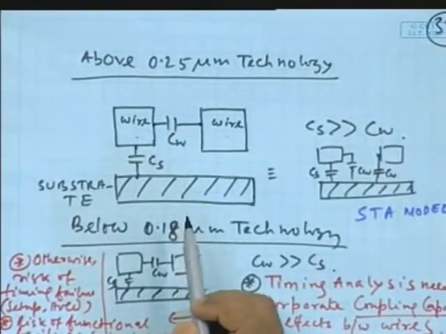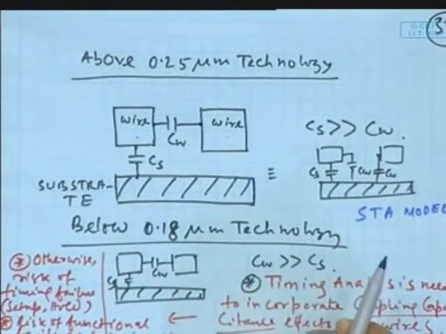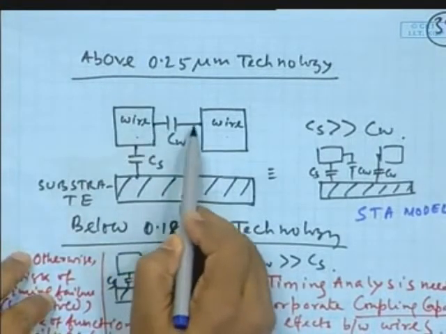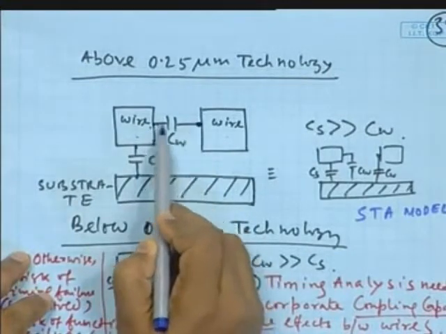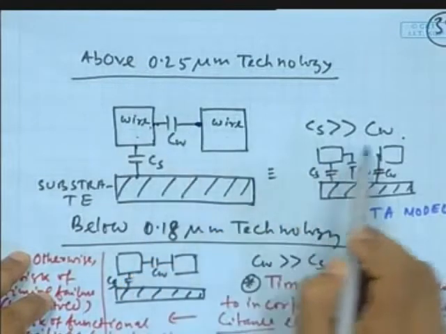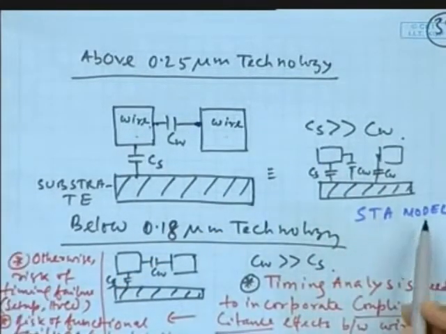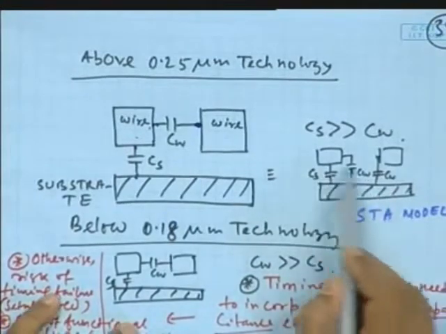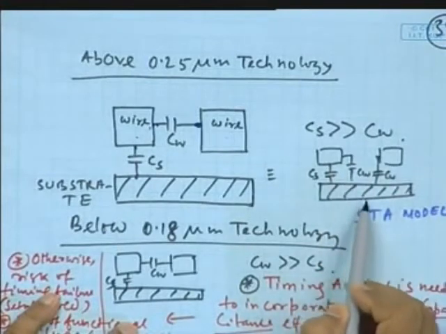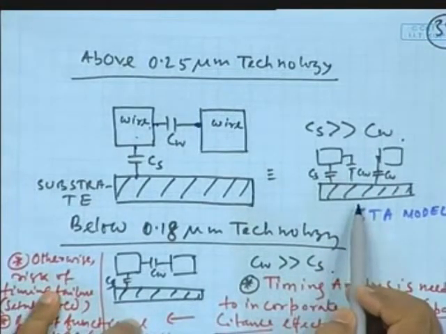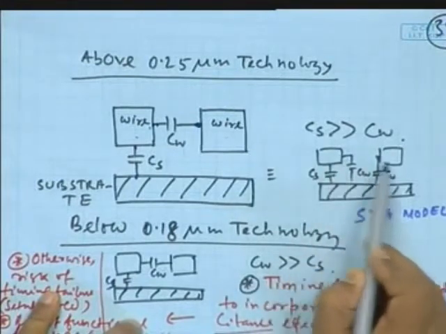For above 0.25 micrometer technology, CS used to dominate over CW, so the interaction between the wires was not that much, because CW was very small. The STA engine models CW in parallel to the substrate, so there is no interaction between these two.